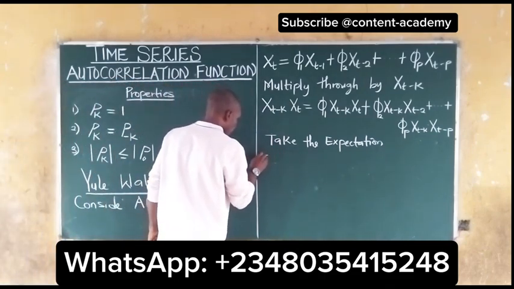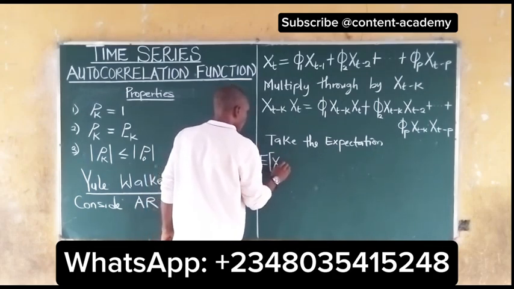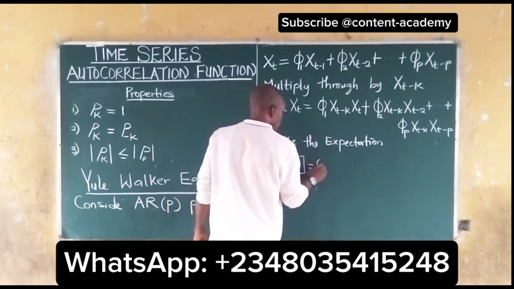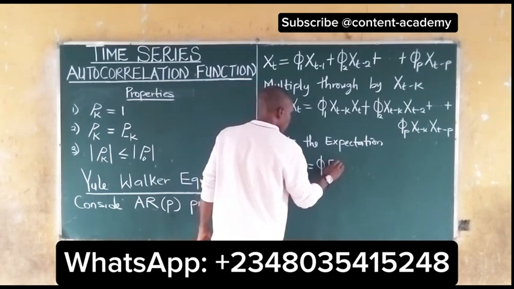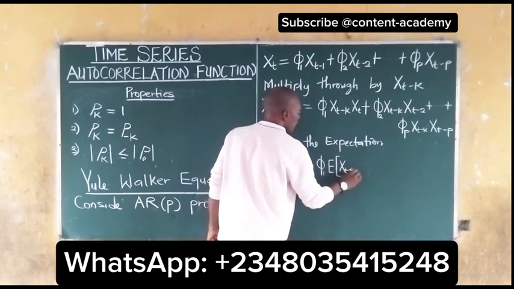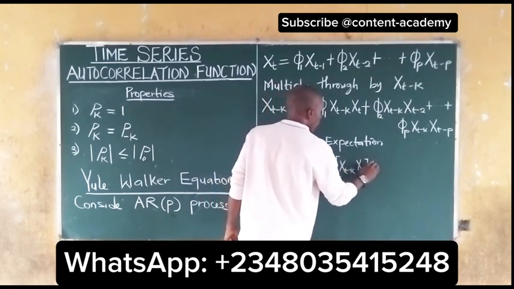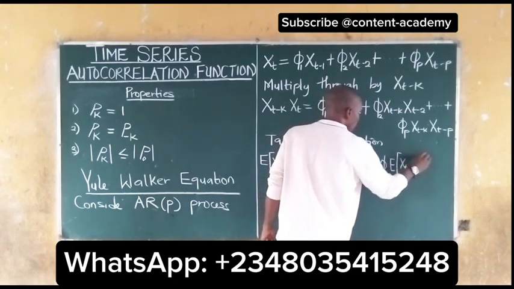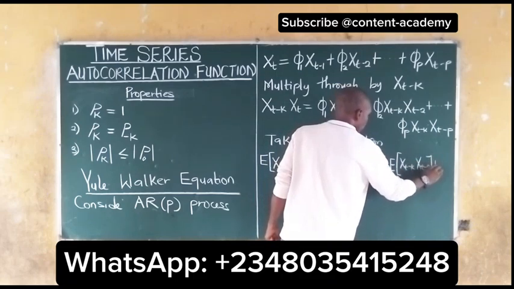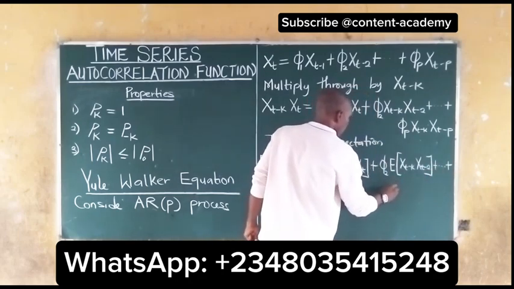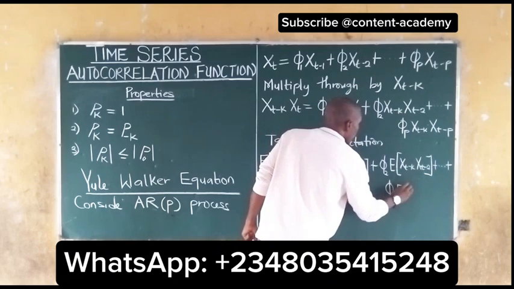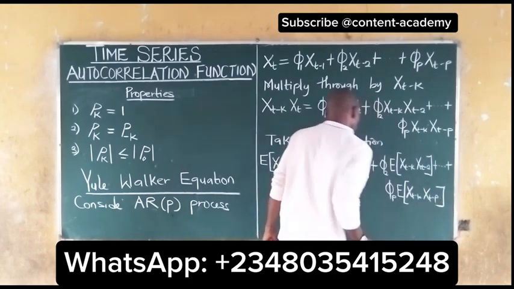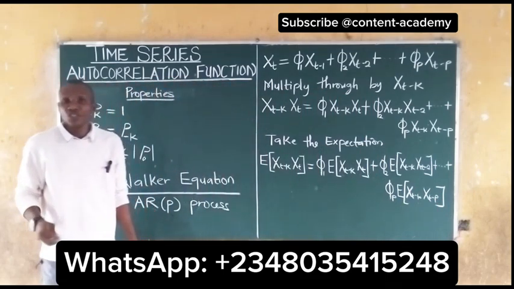So we can write it as the expectation of x_{t-k} x_t equal to, since phi is a constant, phi1 times the expectation of x_{t-k} x_{t-1} plus phi2 times the expectation of x_{t-k} x_{t-2} plus phi_p times the expectation of x_{t-k} x_{t-p}. This is what we get.